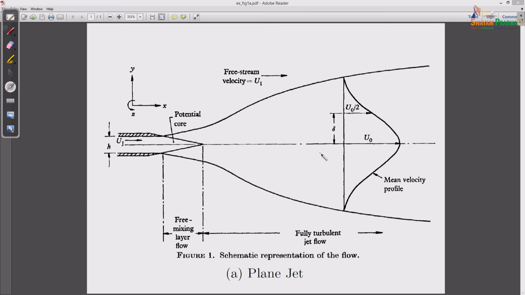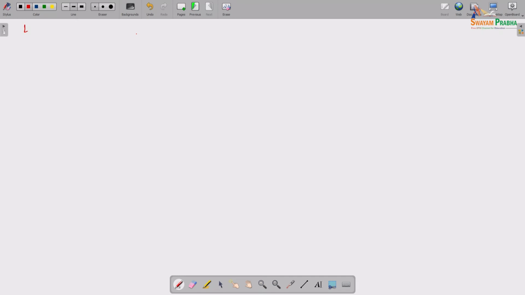I'm going to use slightly different notations from what's being used here. For example, free stream is going to be U infinity, instead of just 1. So let us look at this. What is the question here?